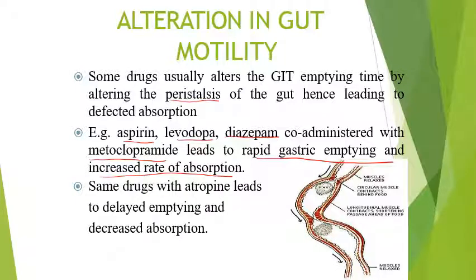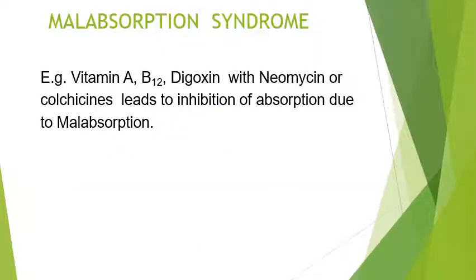The same drugs with atropine lead to delayed emptying and decreased absorption. Moving on to malabsorption syndrome. For example, vitamin A, B12, digoxin, neomycin or colchicine lead to inhibition of absorption due to malabsorption. When a person is already suffering from malabsorption, it leads to low absorption of all these drugs.